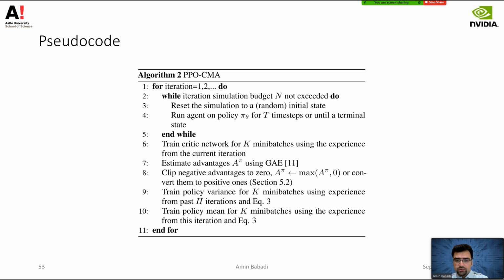So this is the pseudocode of our PPO-CMA algorithm. At each iteration, we at first sample n data points using the policy. Then we train the critic network using those experiences, and then estimate the advantage values. So up until this point, everything is exactly as in the PPO algorithm. But after that, we either remove the negative advantage actions or we convert them into positive ones using the technique that I explained in the previous slide.